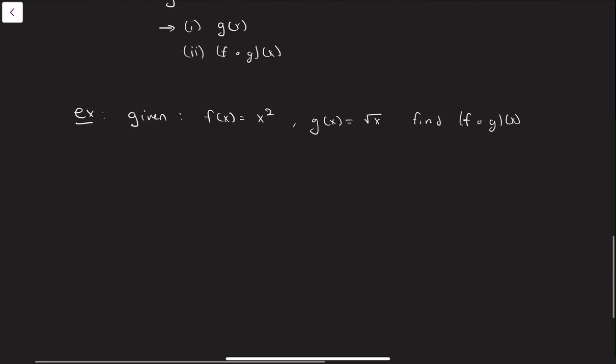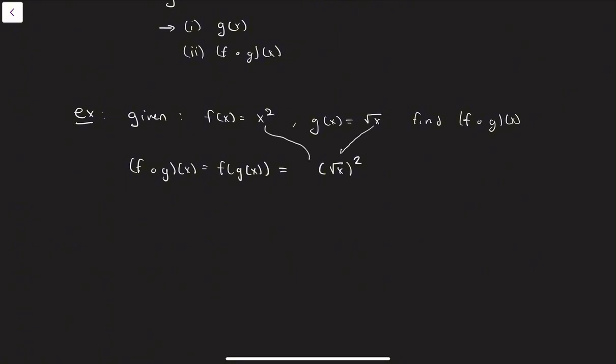Great. So we know that f of g of x is represented with root x squared, since we have x squared initially, and we plug in root x into x squared.